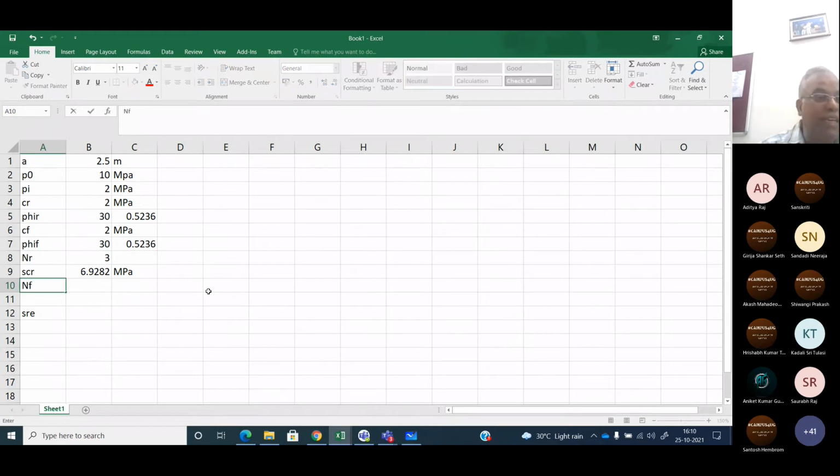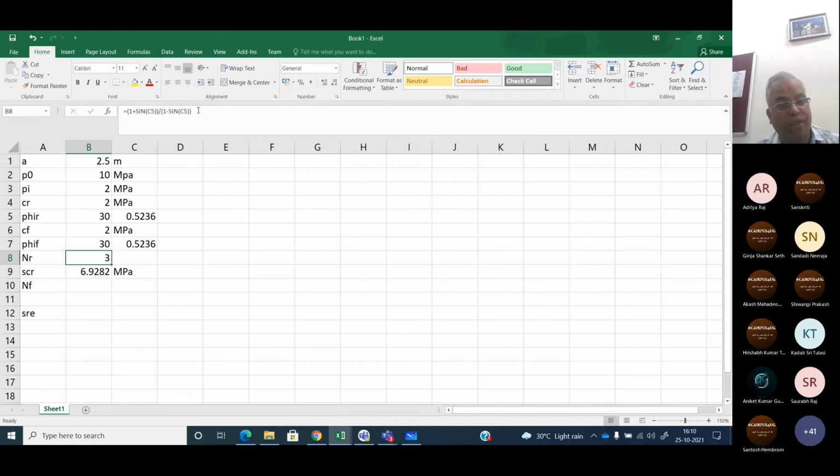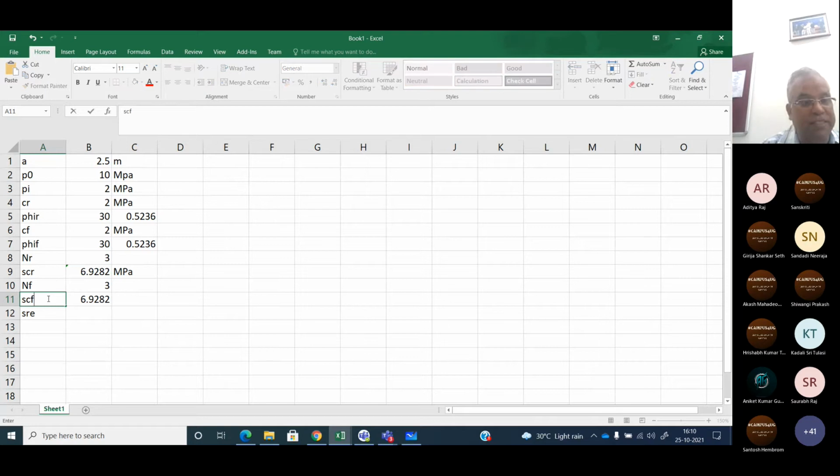Now similarly I will calculate NF, let me copy that. This will be the same because I use the same angle, and in a similar way I will copy this one and calculate sigma CF.